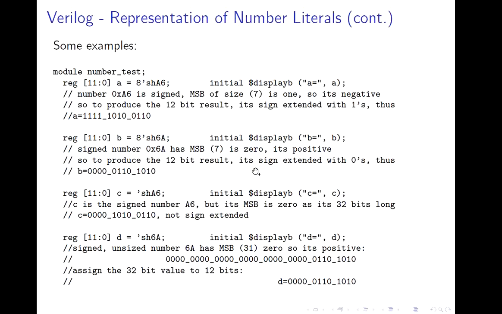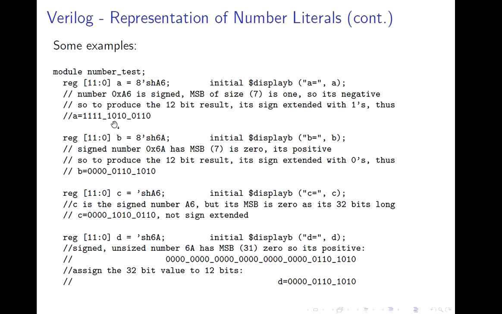Now, there are some more examples that I would like to quote. Let's take them one by one. For example, I want to store the 8-bit hex number A6, which is a signed number, in a 12-bit register. A is 1010, 6 is 0110.